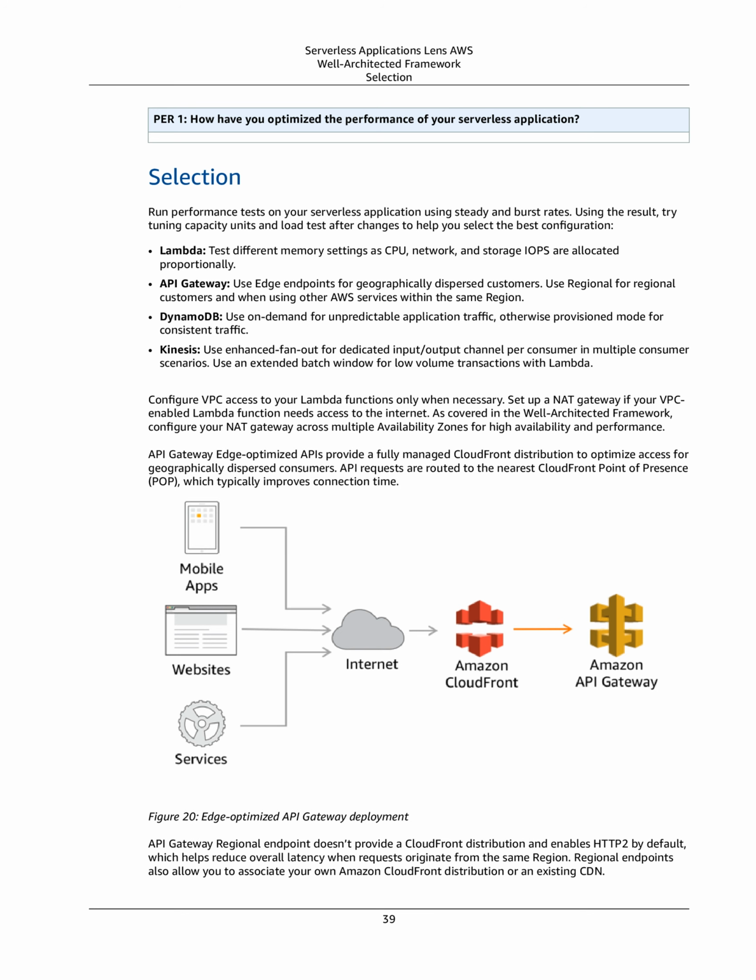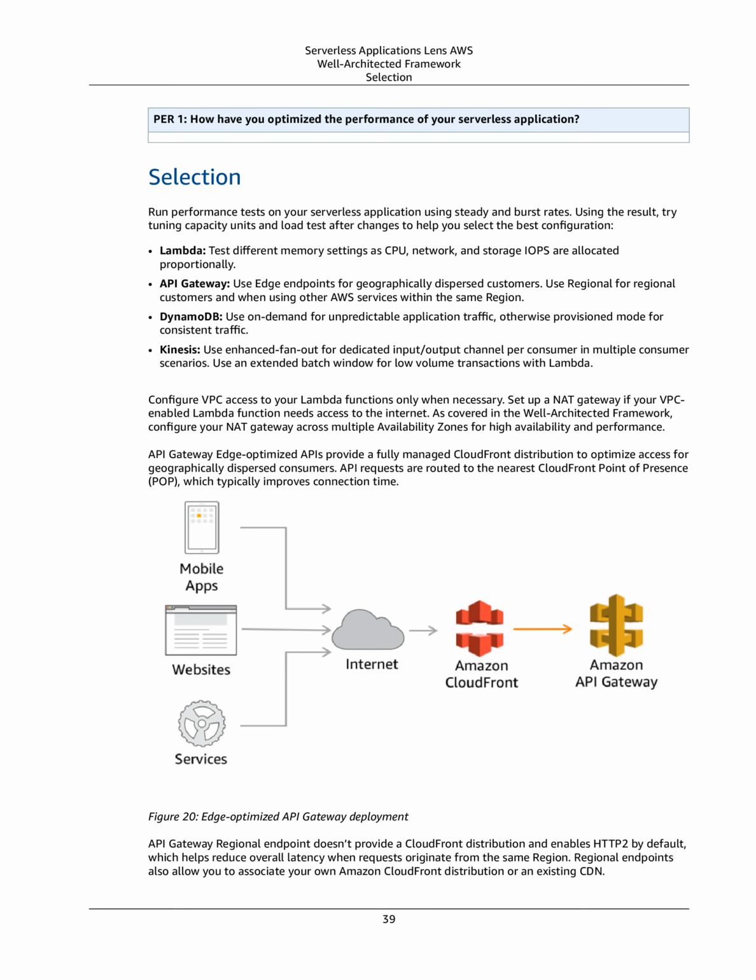API Gateway. Edge-optimized APIs provide a fully managed CloudFront distribution to optimize access for geographically dispersed consumers. API requests are routed to the nearest CloudFront point of presence, POP, which typically improves connection time. API Gateway regional endpoints don't provide a CloudFront distribution and enable HTTP/2 by default, which helps reduce overall latency when requests originate from the same region.